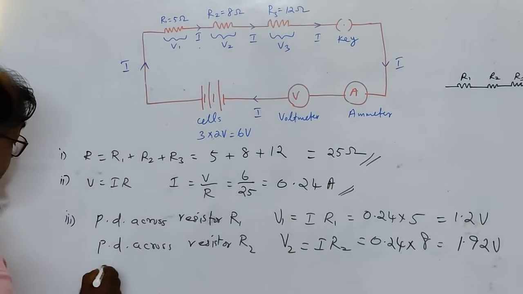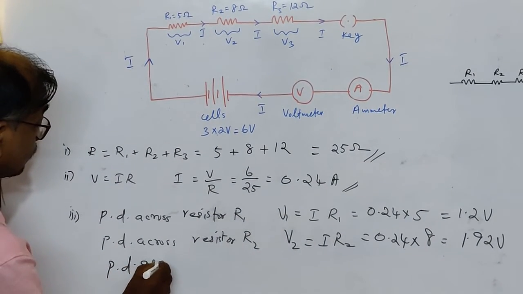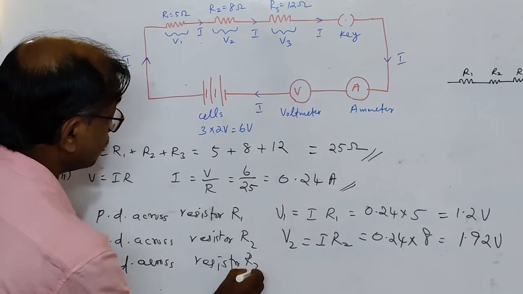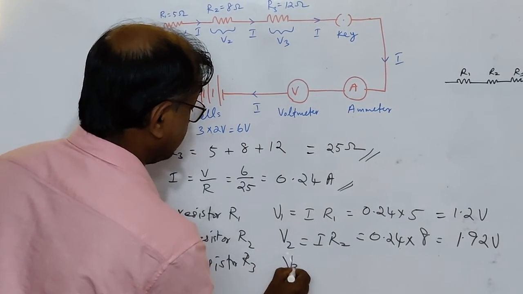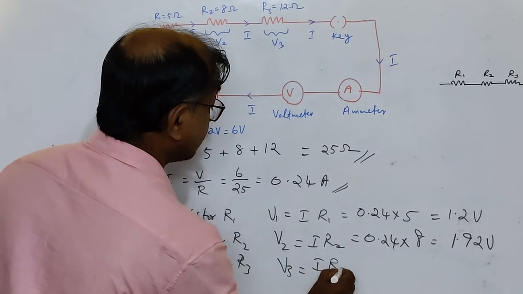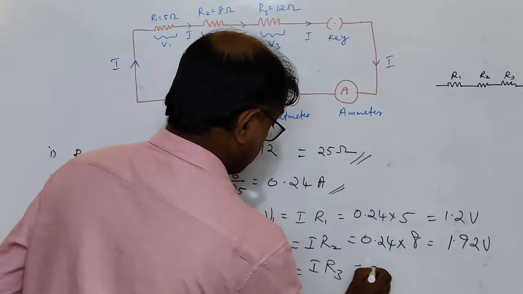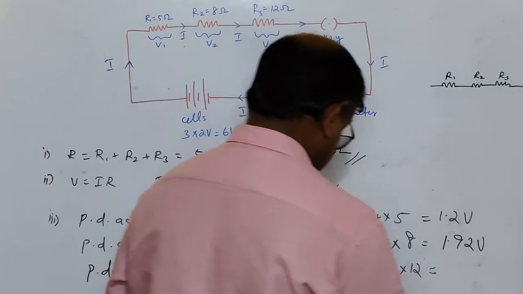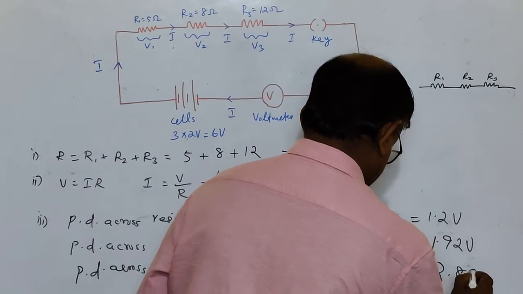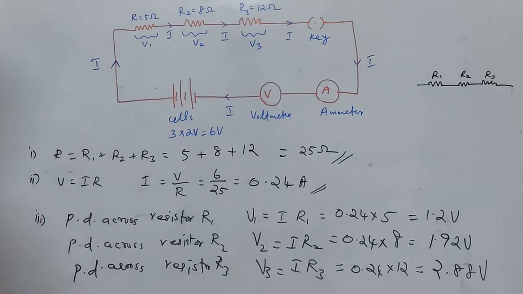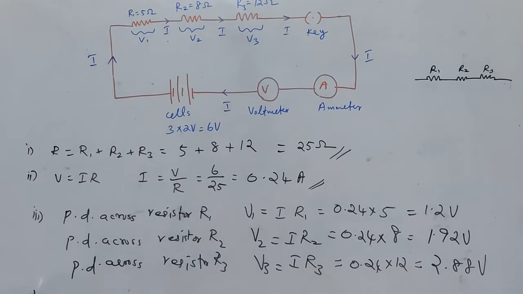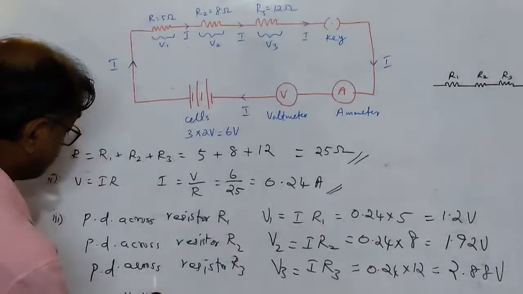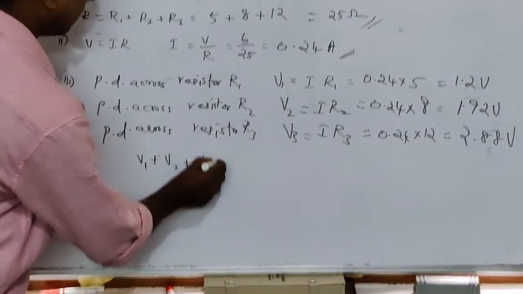Then third, PD across resistor R3, by Ohm's law it is V3 equal to IR3, so that is equal to 0.24 into 12, so this will be equal to 2.88 volt.